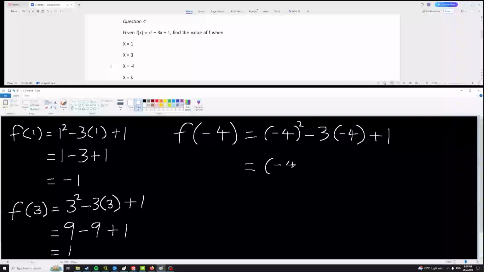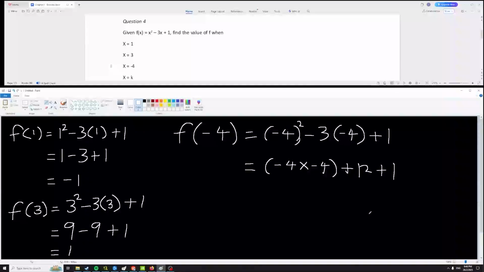Negative 4 multiplied by negative 4, to the power 2. But because this bracket is telling us that we want to maintain the negative, for this one it is a plus, because negative 3 multiplied by negative 4 is positive 12.